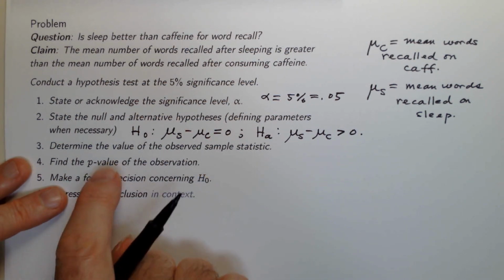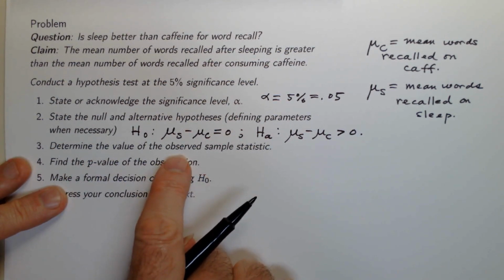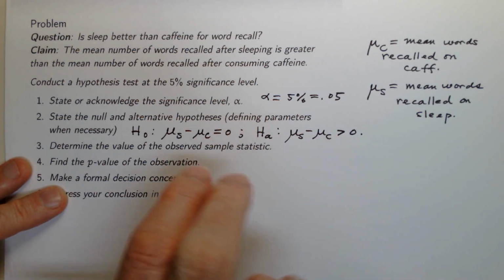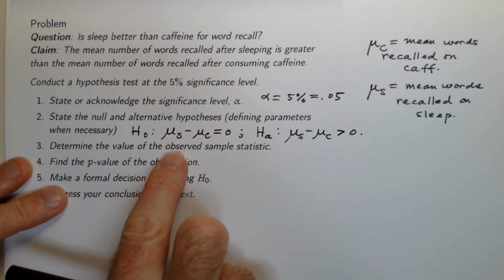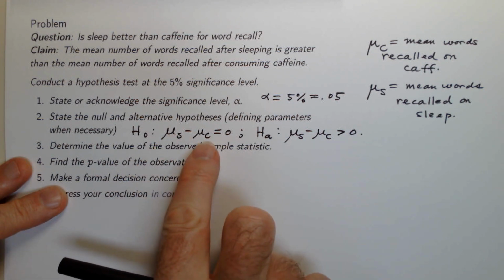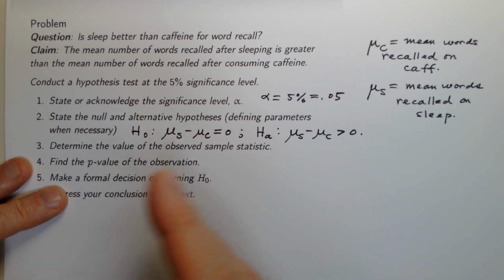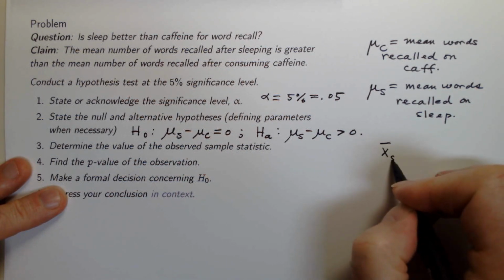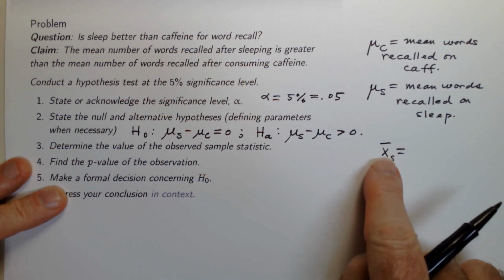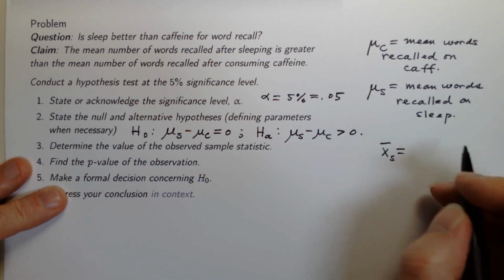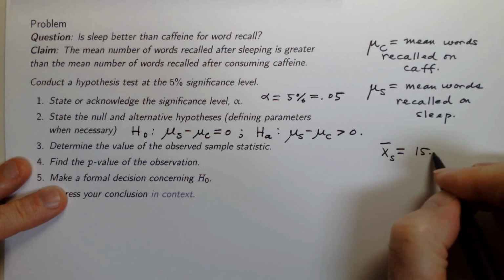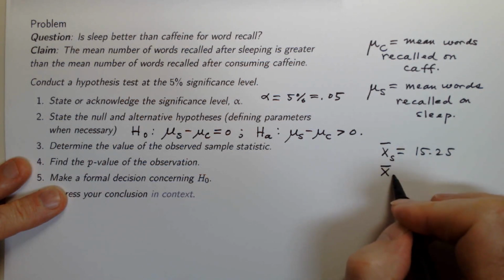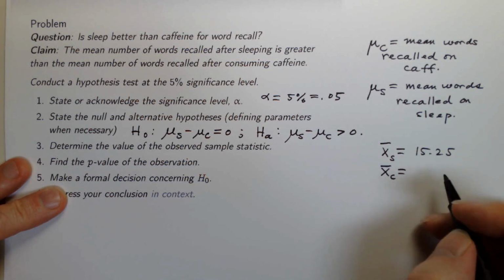Okay, determine the value of the observed sample statistic. Now, our sample statistic goes along with these parameters. We're going to have an x bar sub s and an x bar sub c within the samples. And what we found is that x bar sub s, within the sample group that had the sleep, they found on average 15.25 words, and the sample mean for the caffeine group was less.